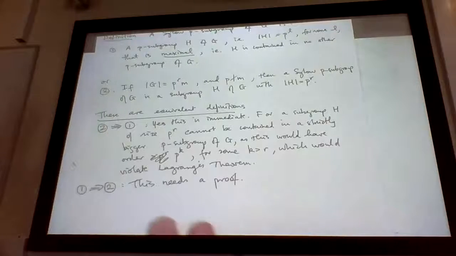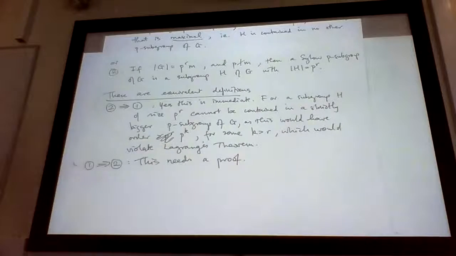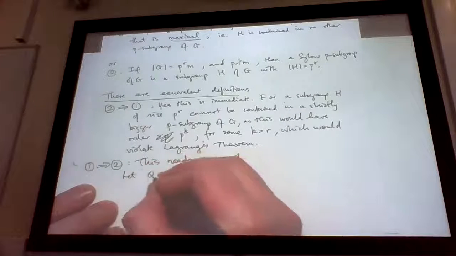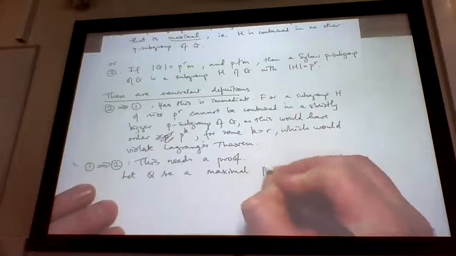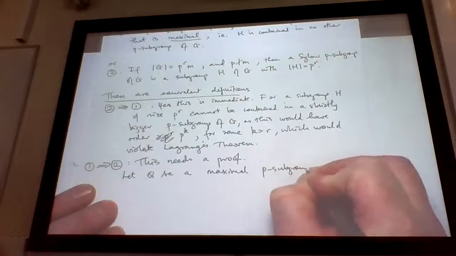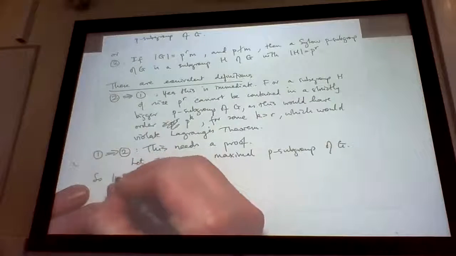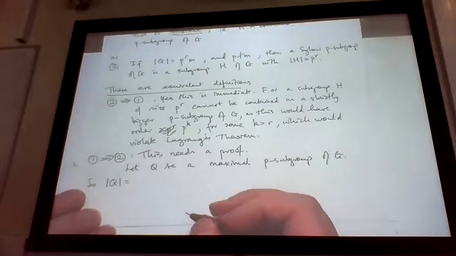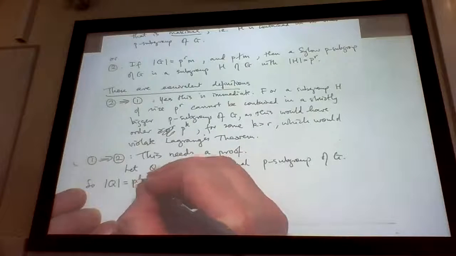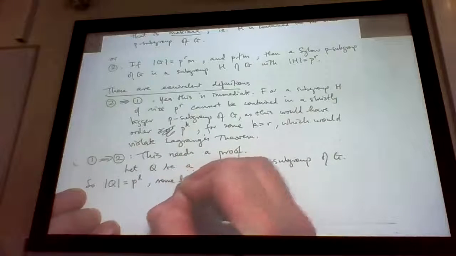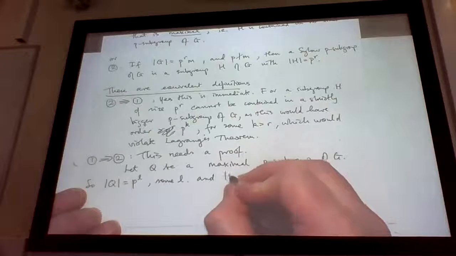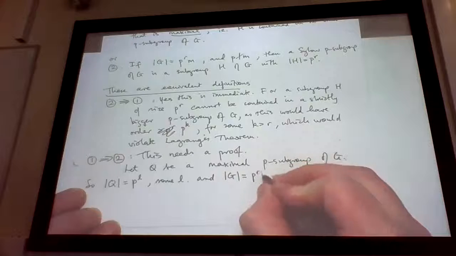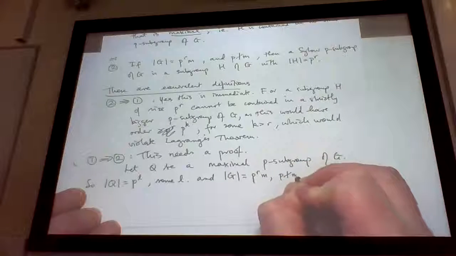Now, for 1 implies 2, this needs a proof. So let Q be a maximal P subgroup of G. It's a P subgroup, so the order of Q is P to the L, for some L. And suppose further that the size of G is P to the R times m, with P not dividing m.